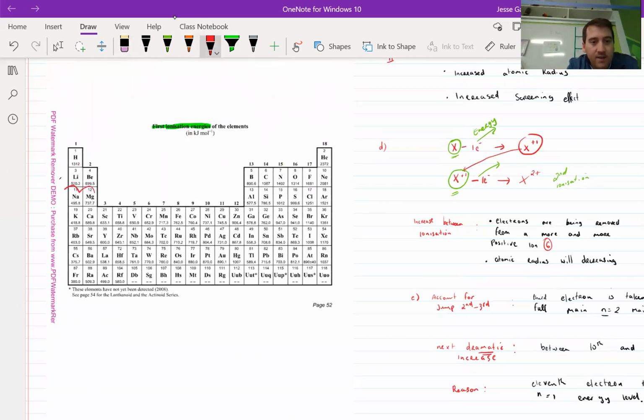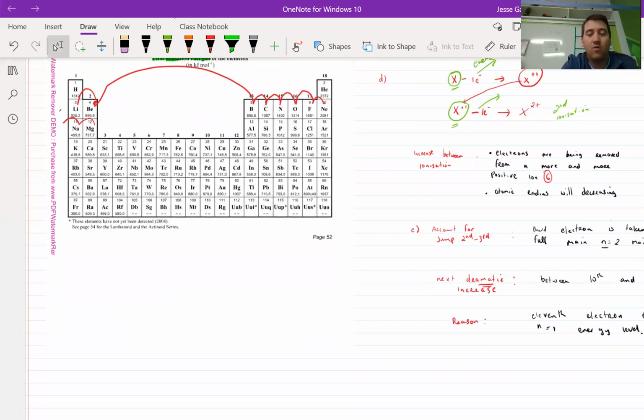So obviously from the 2nd to the 3rd, that's going to be a pretty big one. Then from the 3rd to the 4th, from the 4th to the 5th, from the 5th to the 6th, from the 6th to the 7th, from the 7th to the 8th. Now that's quite stable when it's like beryllium. So from the 8th to the 9th, you might have said as another one there.